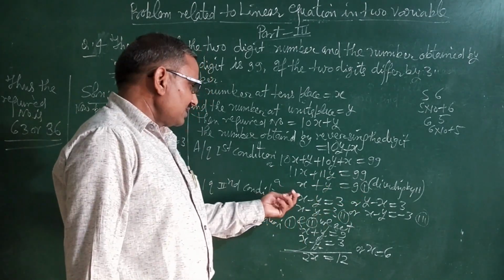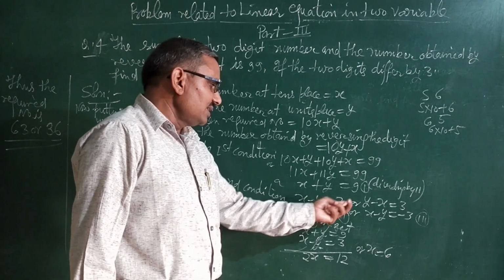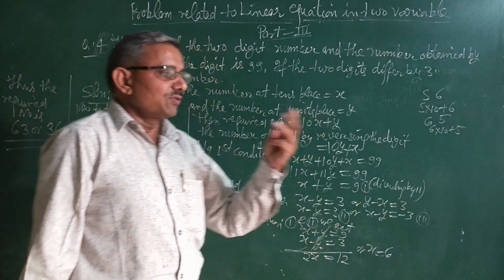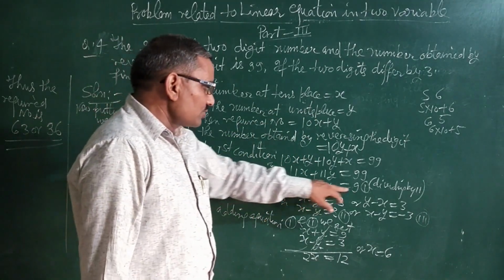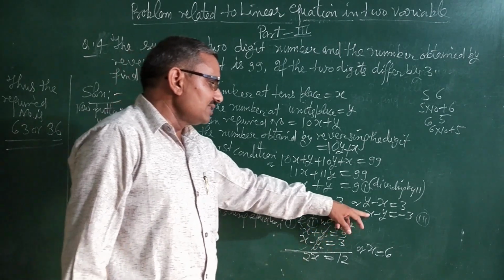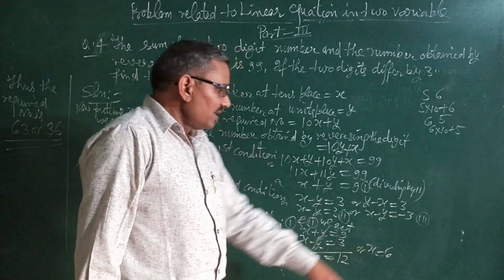Now again the difference is x minus y, that is 3, or y minus x equal to 3. So we will receive three equations. One is x plus y is equal to 9, the other one is x minus y is equal to 3, and the third one is x minus y is equal to minus 3.